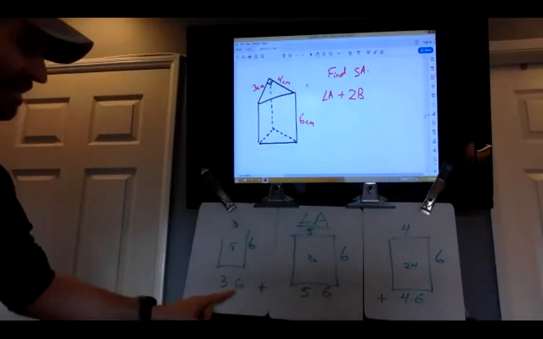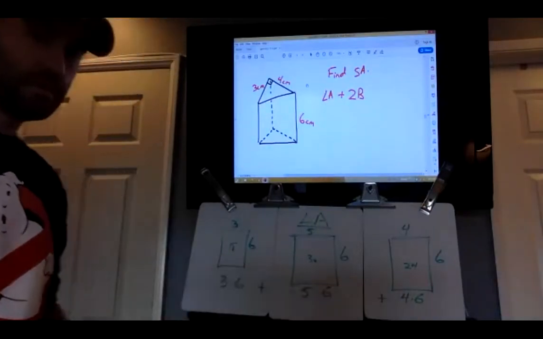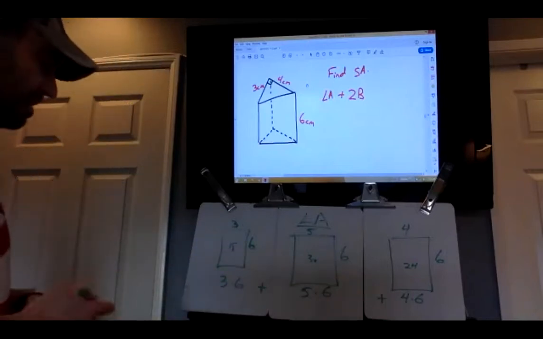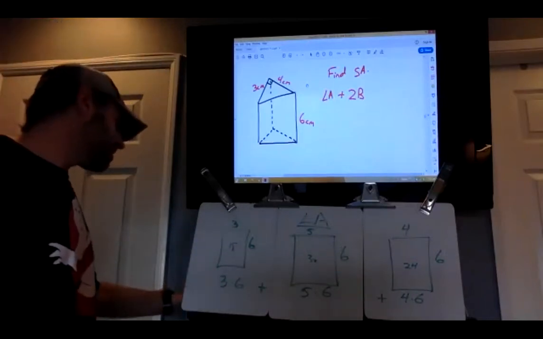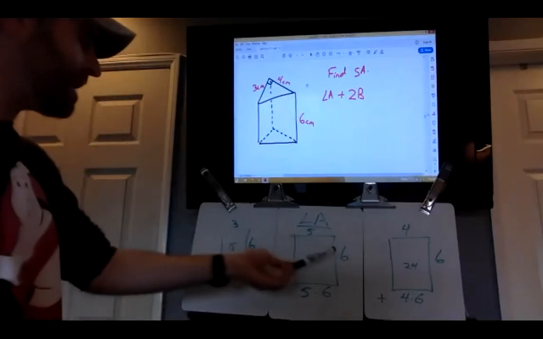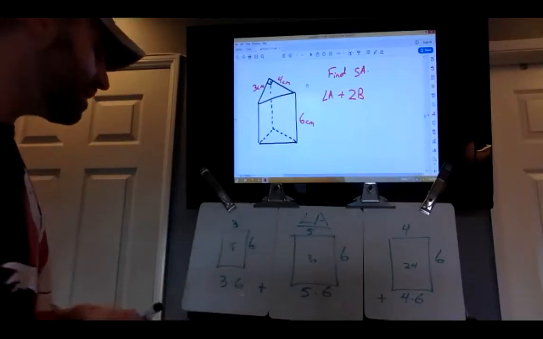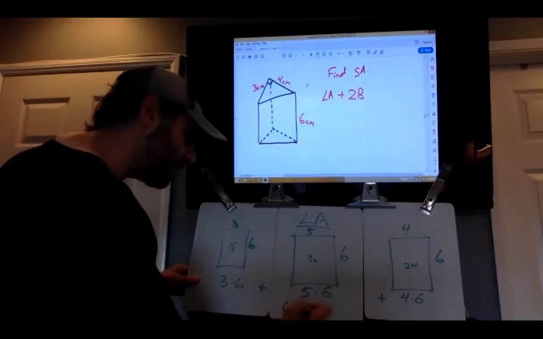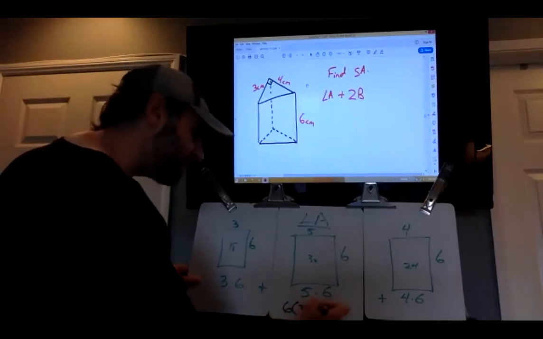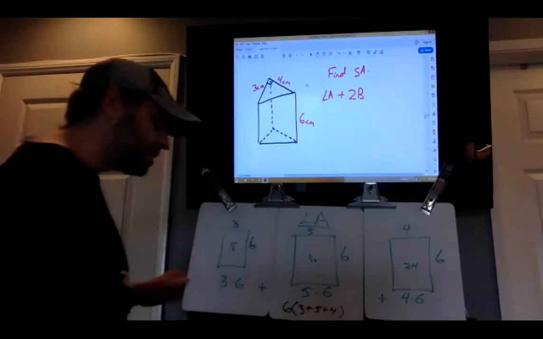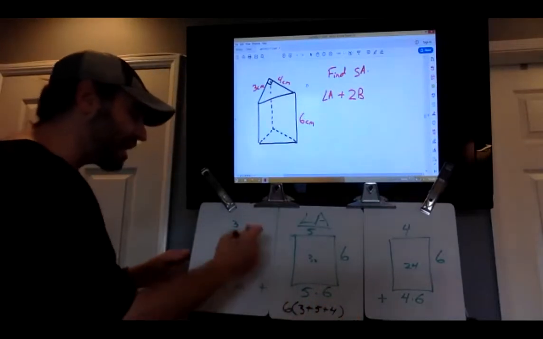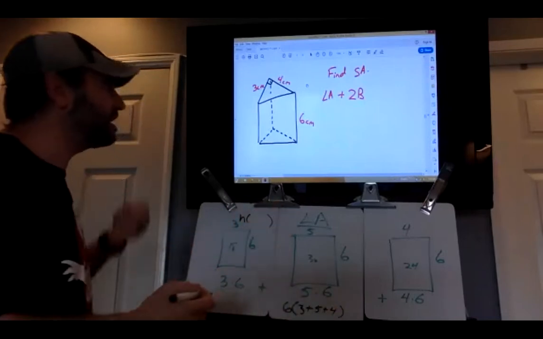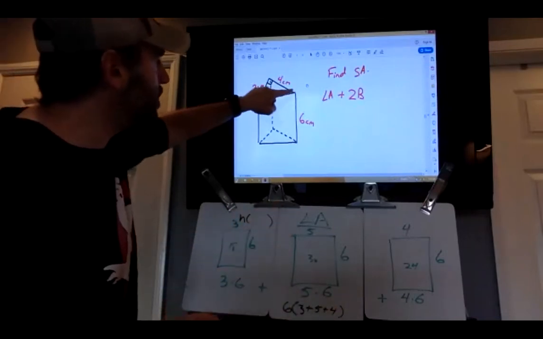Can I factor something out of all of these? What can I factor out of each one? 6. The height, right? You can factor out the height of each one. If I factor out the 6, what's left is 3 plus 5 plus 4.